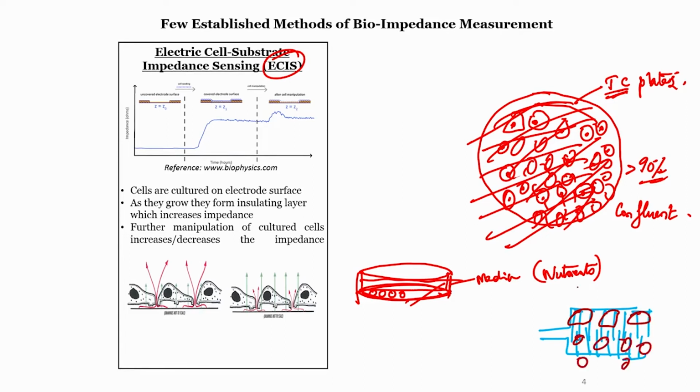So when the cells occupy a lot of area of the electrode, the impedance will obviously change, right. That is how we can monitor the confluence of cells.